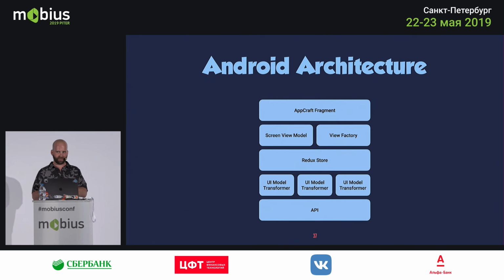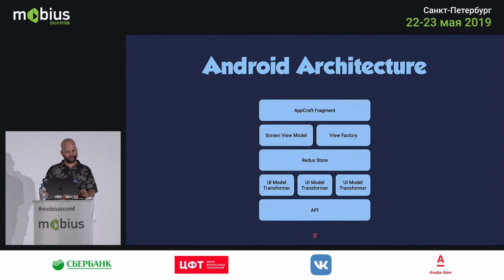So we do a little bit of transformation. This ends up in the Redux store. And then we're using the view model from the architecture components. So we have just a single view model called screen view model, and that is responsible for observing this Redux store and creating the component tree.